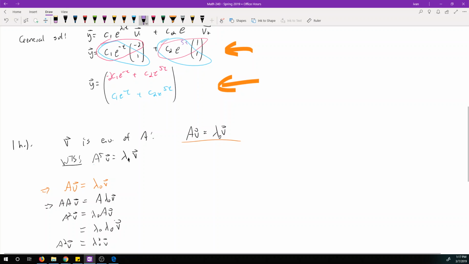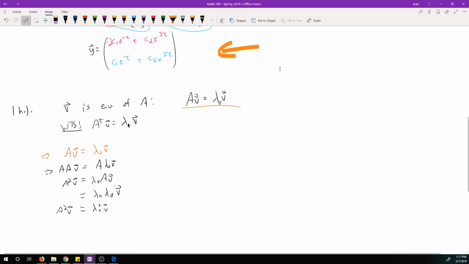But we want to get to A to the fifth. So what we're going to do is continue multiplying A's over here, and essentially we need 3 more of them because we need to get to A to the fifth. If you do this, you should get that A to the fifth V is equal to lambda naught to the fifth times V. And what does that mean?